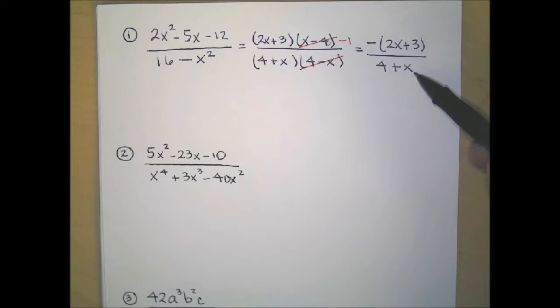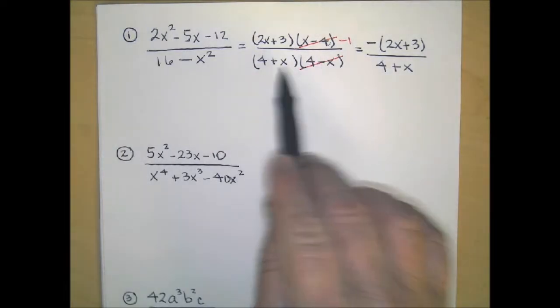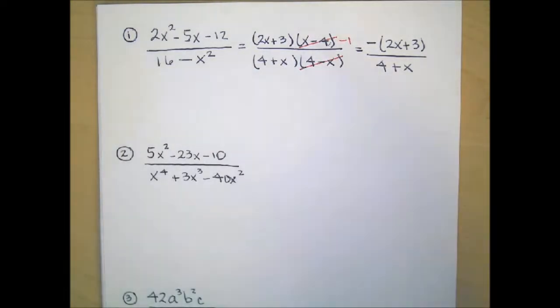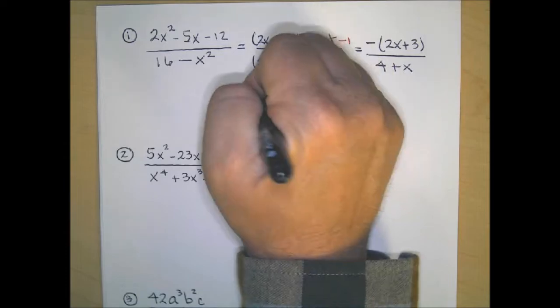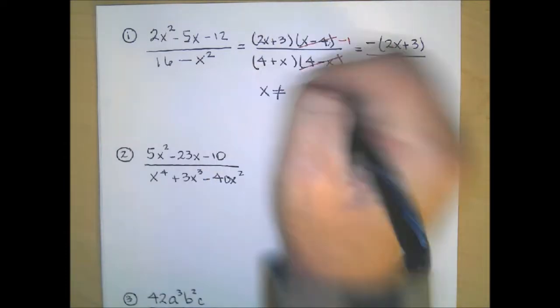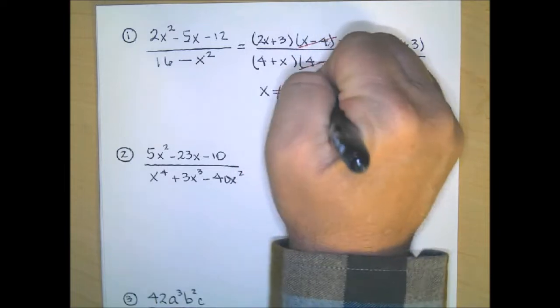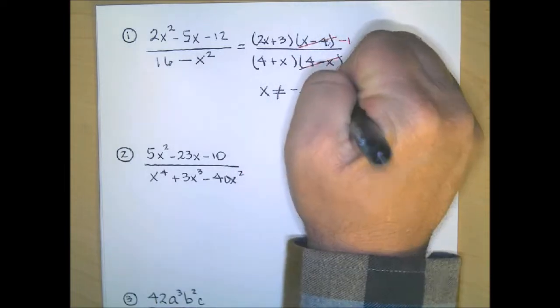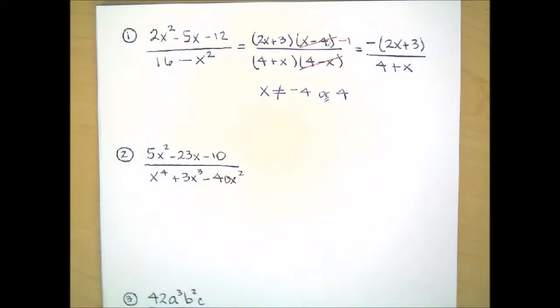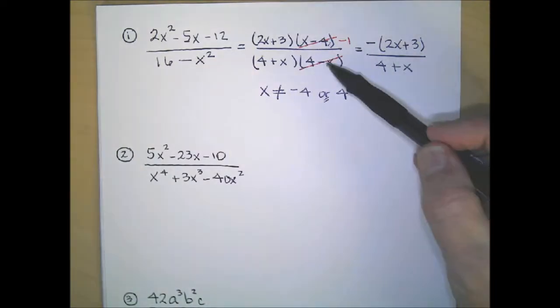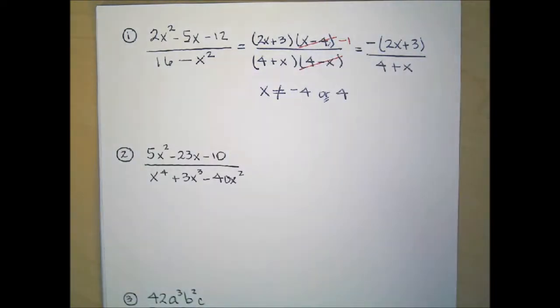Now the problem also wanted to know excluded values of x. So if I look at my denominators before any of my reducing happened, I find that x cannot equal -4 or +4, because either one of those values would produce a 0 in the denominator.